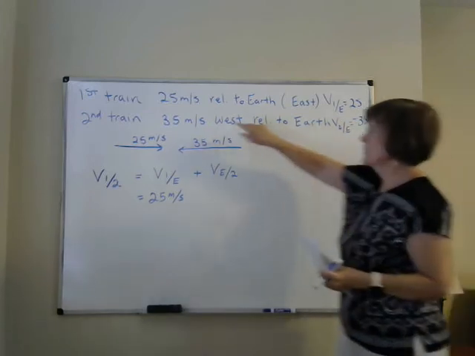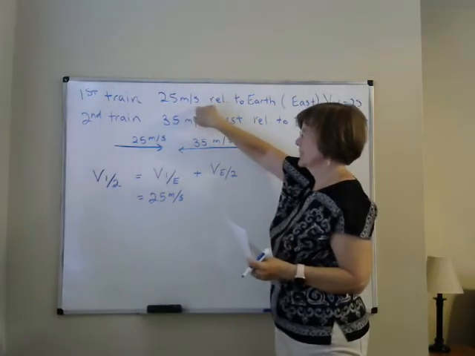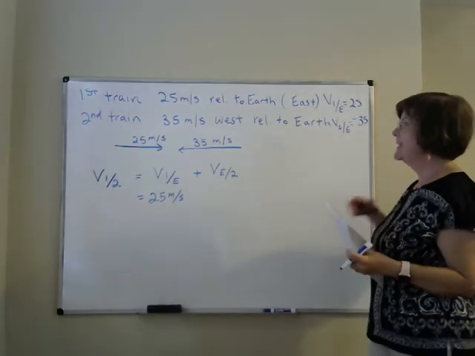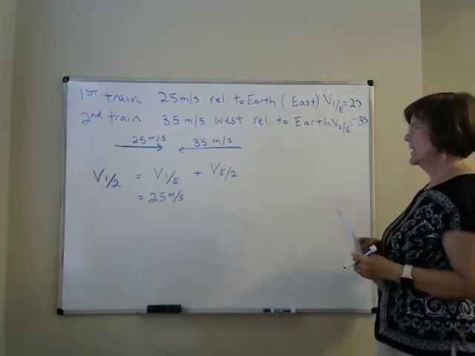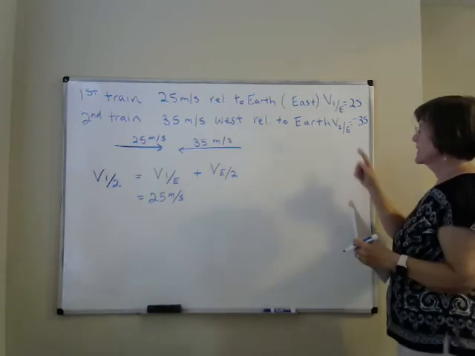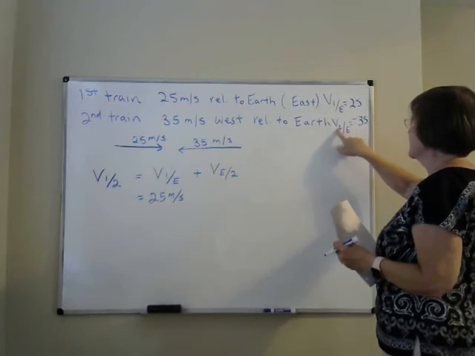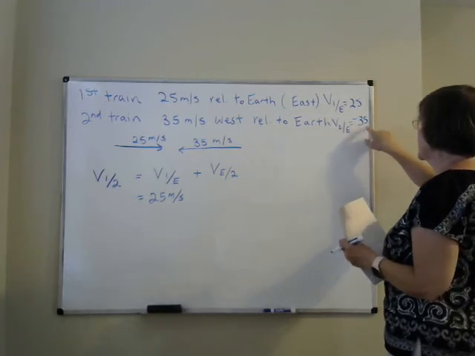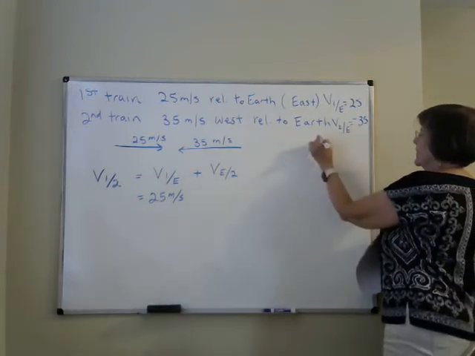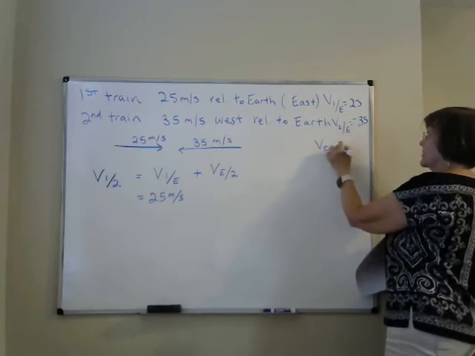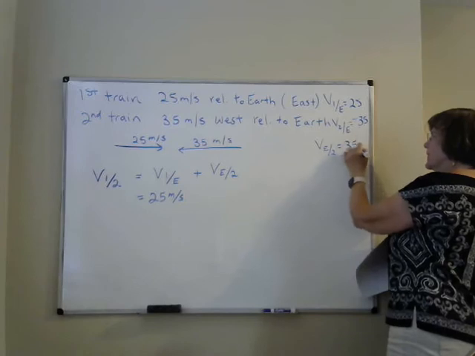If this is a positive 25 meters per second because it's going to the east, then train 2 has a negative 35 meters per second because it's going to the west. If the velocity of train 2 relative to the earth is negative 35, then the velocity of the earth relative to train 2 is positive 35.